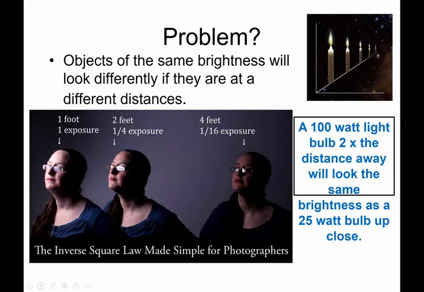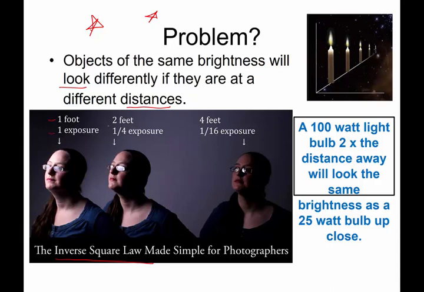Now here's one of the problems when you start to try and compare one star with another star. How bright they look depends a lot on distance. This is called the inverse square law, and I found this set of photos on the internet, and I think it's absolutely fabulous. Here is a woman who's being photographed at a particular exposure, and she's 1 foot away from the light source.